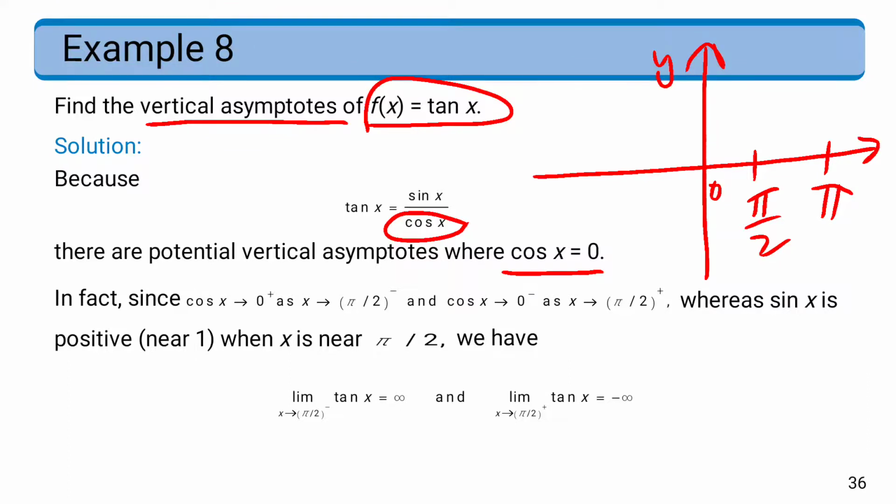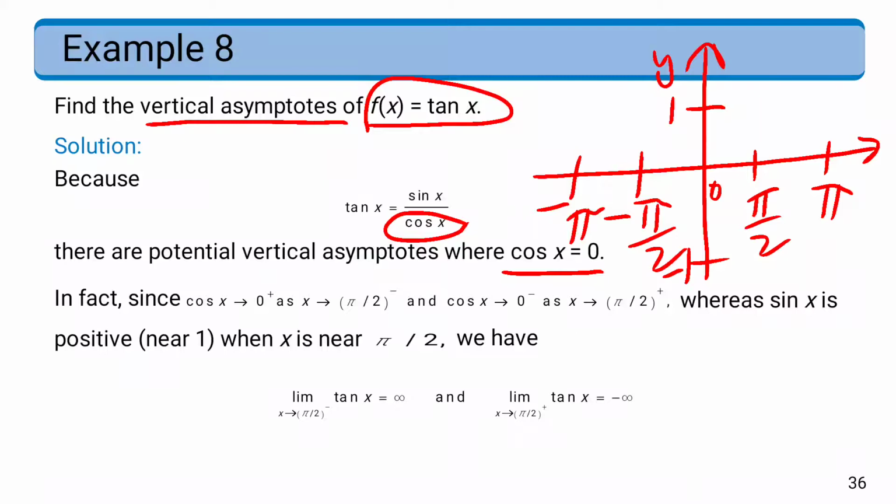It's a periodic function which will keep repeating, but let's stop here, just for this example. You can have minus pi over 2. You can have minus pi. So you know that for cosine, here let's say you have 1, and then somewhere here you have minus 1.